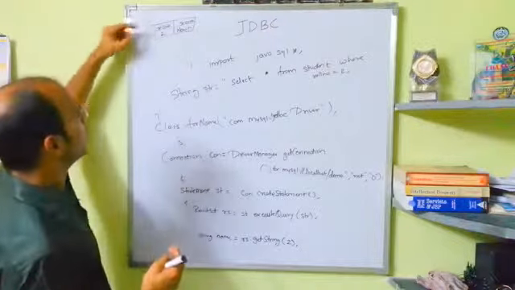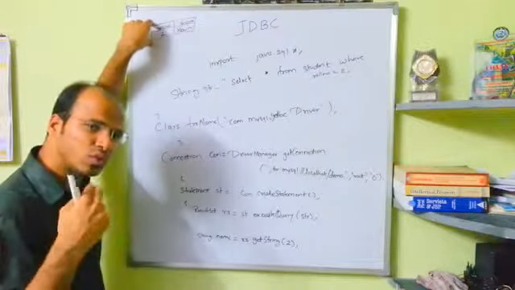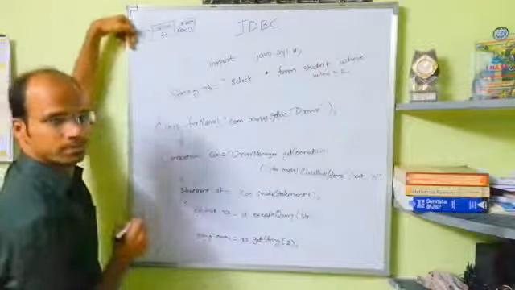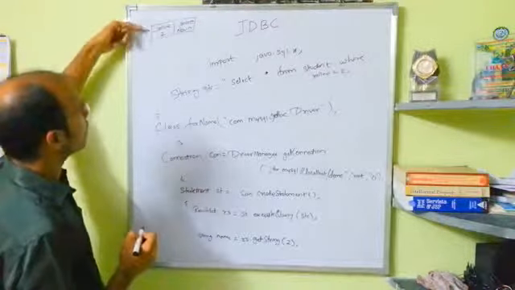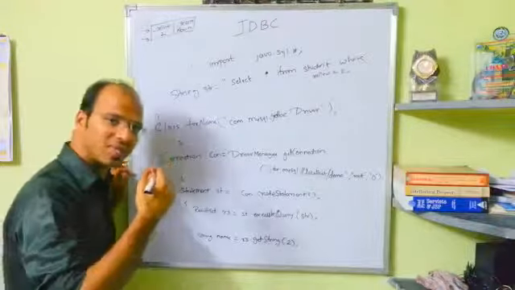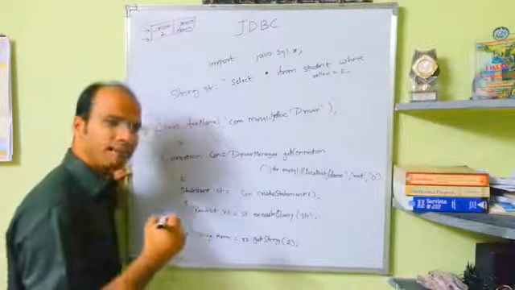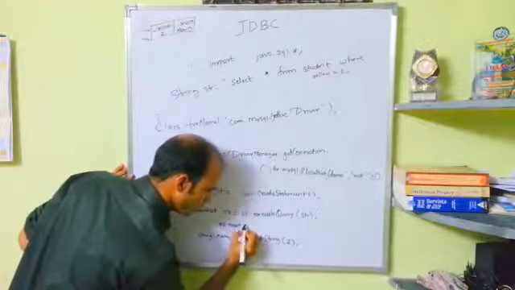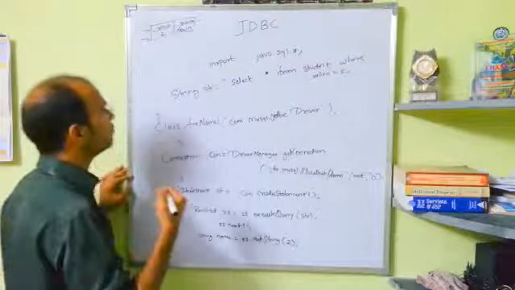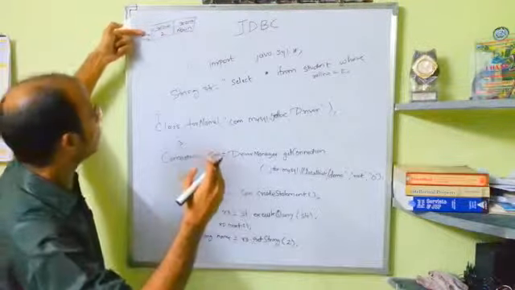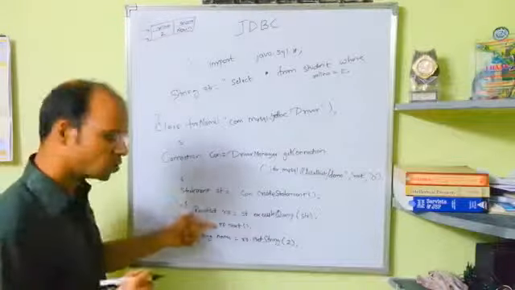But the problem is, when you talk about ResultSet, it works with pointers. By default, your pointer will be pointing at this row. We have to shift our pointer down a row. To shift this, we have to use a method of rs. We have to say rs dot next. It will shift my pointer from the above row, which is the column names, to the data.